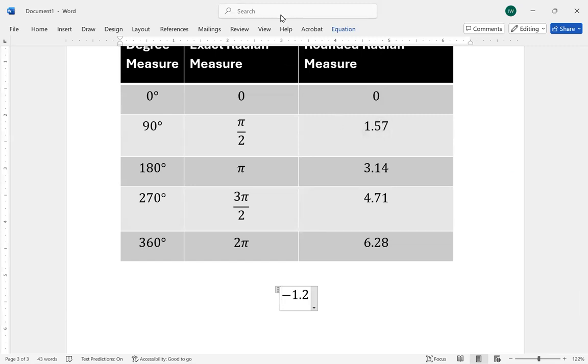Now, you have to be careful when you draw this or think through this, because with negative 90 degrees, we're going to be swinging in the clockwise direction. So negative 1.2 is down here somewhere in quadrant 4. Negative 90 degrees goes this way. Positive 90 degrees goes this way. This would be negative 180. This would be negative 270.